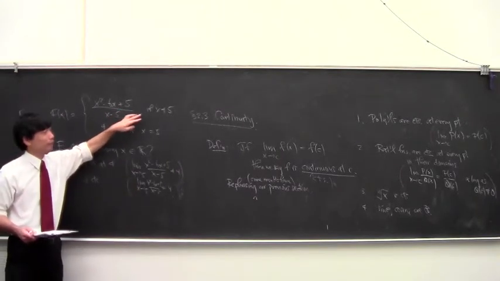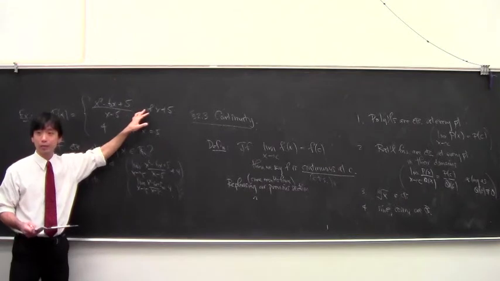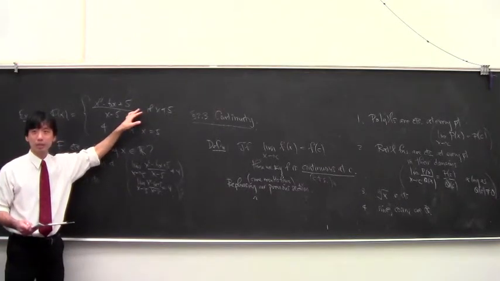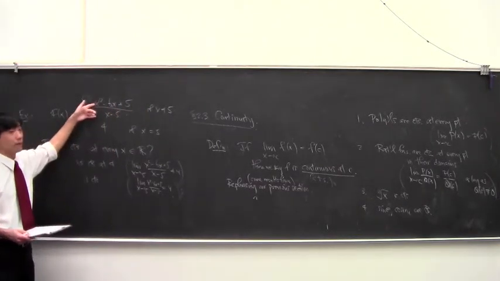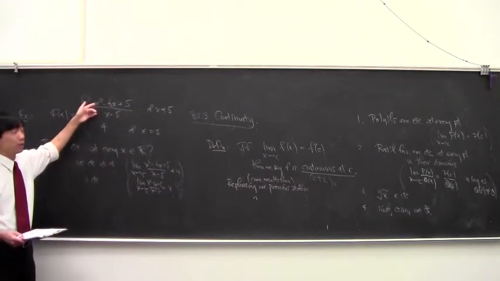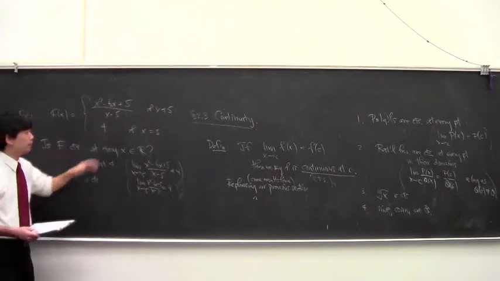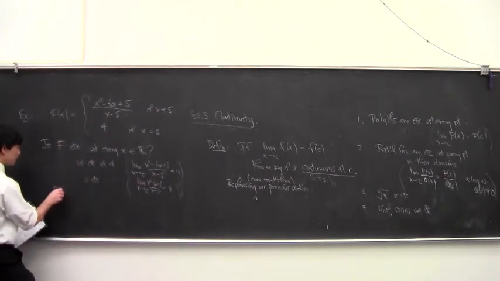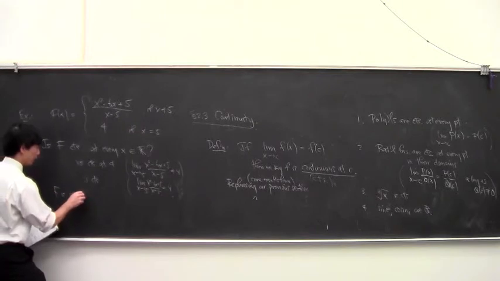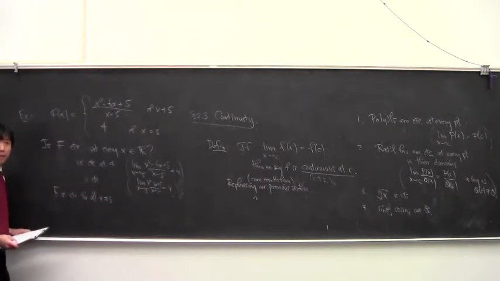Let's do x not equal to 5 first. If x is not equal to 5, is the function continuous? Yes, absolutely, because the function is rational, and functions that are rational are continuous wherever the denominator is not 0. So f is continuous for all x not equal to 5.